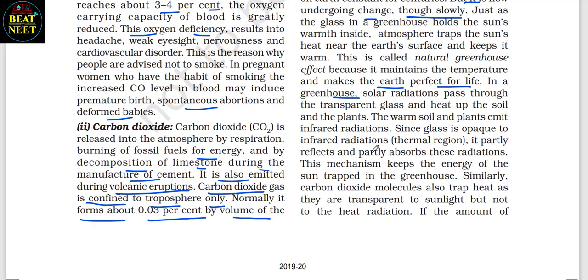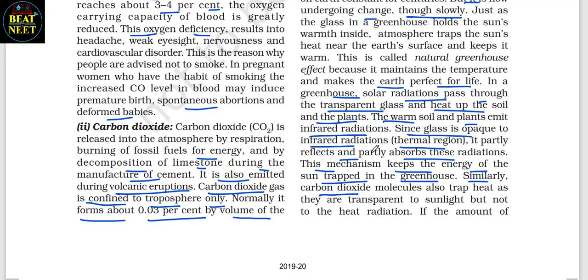In a greenhouse, solar radiations pass through the transparent glass and heat up the soil and the plants. The warm soil and plants emit infrared radiations. Since glass is opaque to infrared radiation, the thermal region, it partially reflects and partially absorbs these radiations. This mechanism keeps the energy of the sun trapped in the greenhouse.